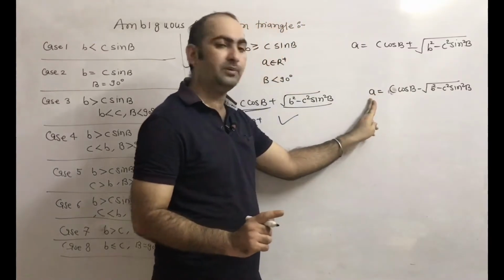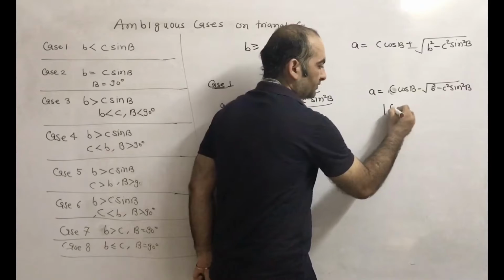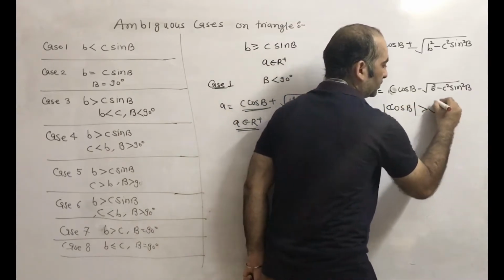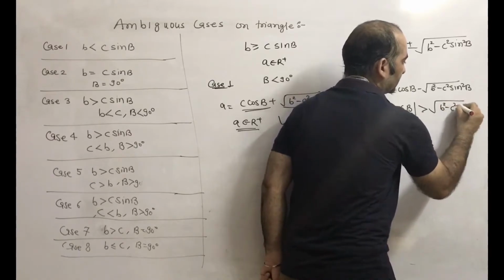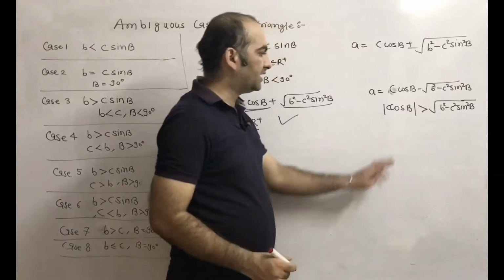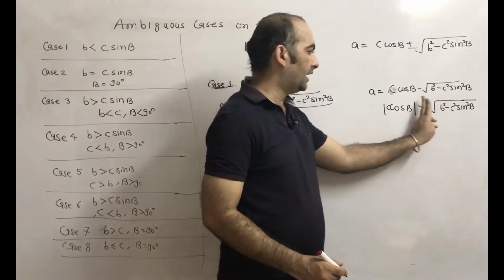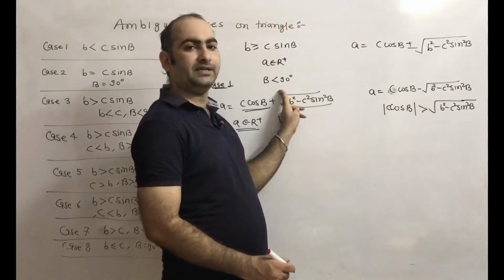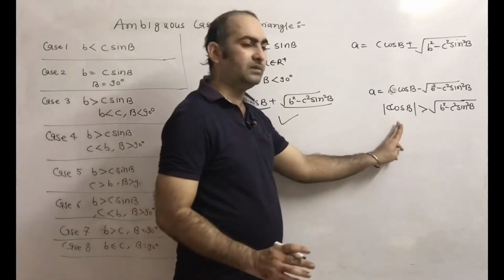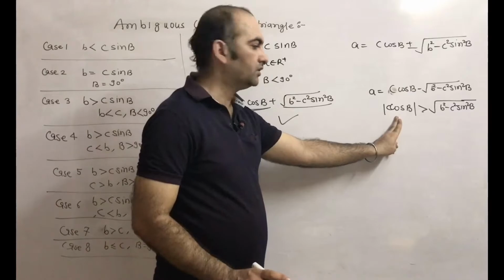That means a should be positive if modulus of c cos B is greater than root over b square minus c square sin square B. If this is greater than this one, and B is less than 90, then triangle is possible, otherwise triangle is not possible. So we are simplifying this. This is positive only, so we are doing square.